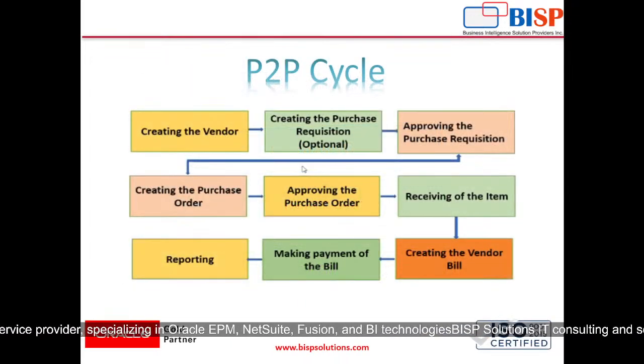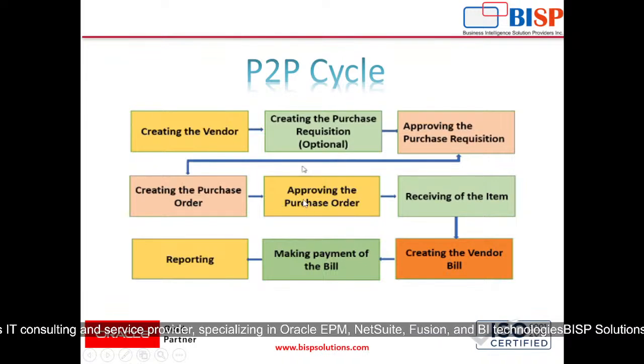After that, our next topic is the P2P cycle, in which we will be creating the vendor. Then after creating the vendor, we will be creating the purchase requisition, which is optional. Then we will be approving the purchase requisition. After that, we will be creating the purchase order, and then approving the purchase order.